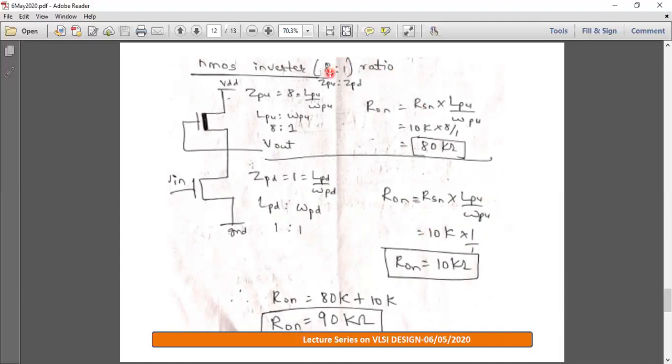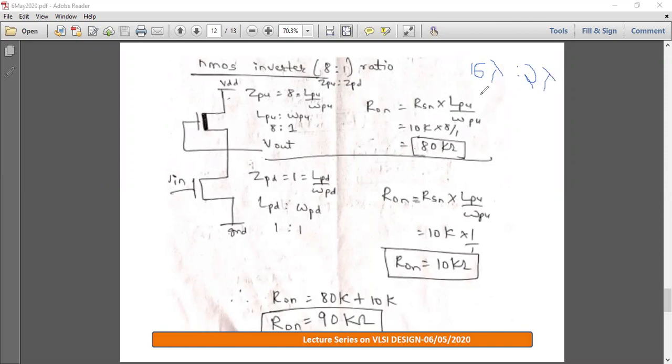So instead of giving the ratio in terms of integers, like for example 8:1 or 4:1 or 1:1, they may give it in terms of lambda. Like 8:1 can be written as 16 lambda is to 2 lambda.